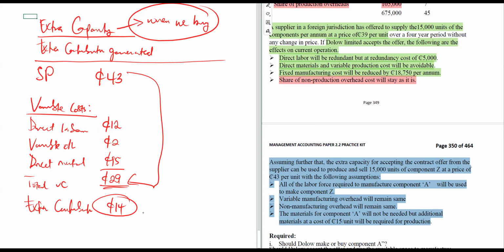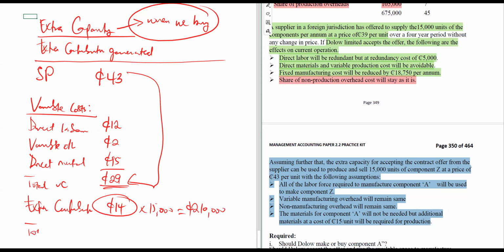So this 14 cedis per unit by our 15,000 units is going to give us 210,000 extra contribution.